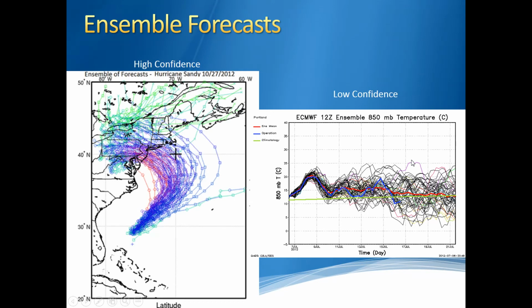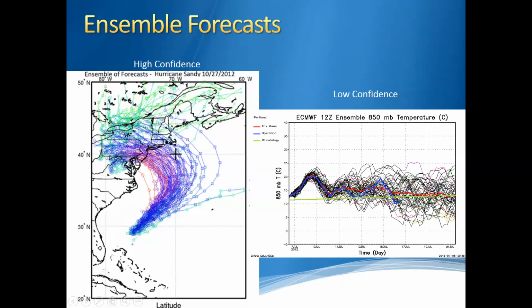You have one model run predicting an 850 millibar temperature of 25 degrees Celsius, while another model run is predicting an 850 millibar temperature of 2 degrees Celsius. Very, very, very different. And the ensemble mean, so this is the mean of that ensemble, was basically just canceling out very, very erroneously high values with very, very erroneously low values.